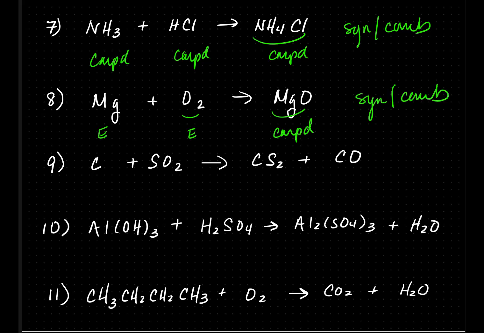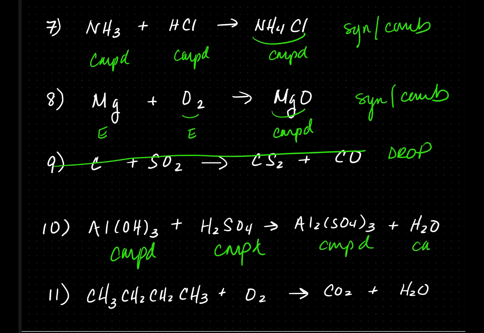We're going to drop 9. Number 10, we have a compound plus a new compound here. They're going to produce a new compound and a new compound. So this is a double replacement. Metal in the front. Remember, hydrogen behaves like a metal in an acid. Swap partners. So aluminum's new partner is sulfate and hydrogen's new partner is water if we write it HOH.